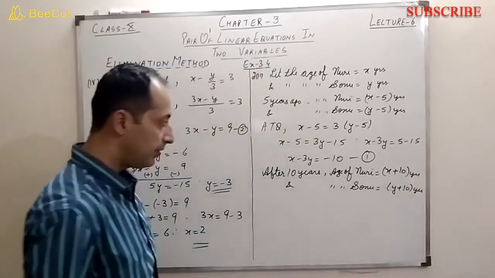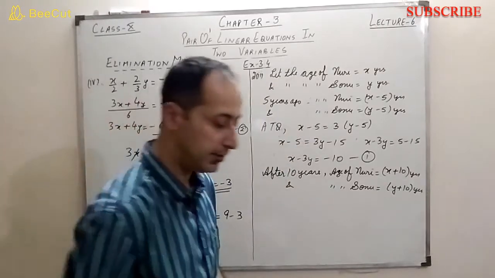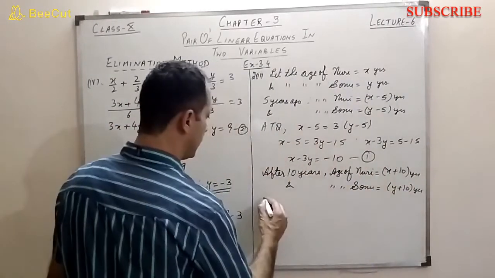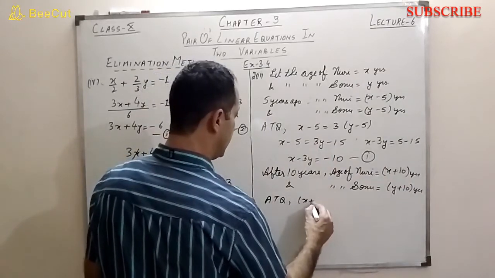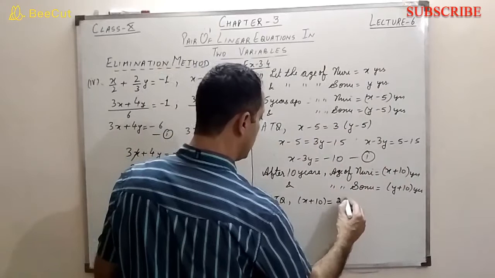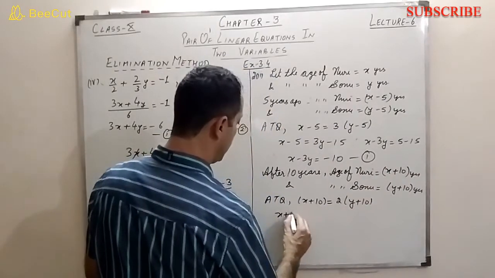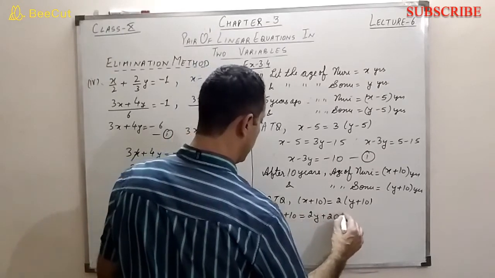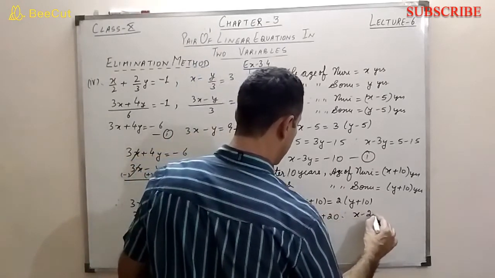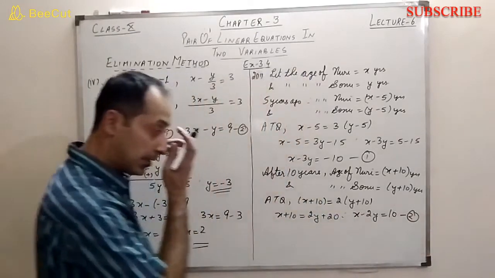Now what is the condition given? That the age of Nuri becomes double that of Sonu, that is twice, right? So according to the question, x plus 10 is equal to 2 into y plus 10. Simplifying, x plus 10 is equal to 2y plus 20. Therefore x minus 2y is equal to 10. This is your second equation, right?